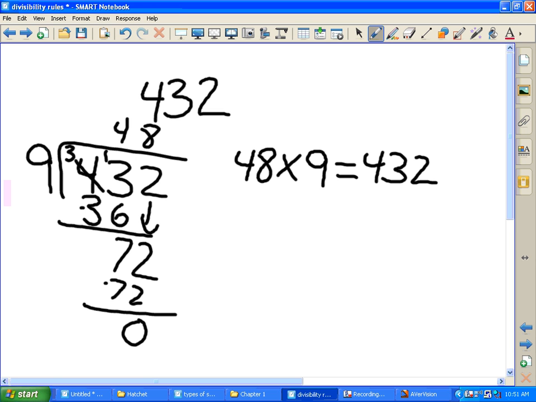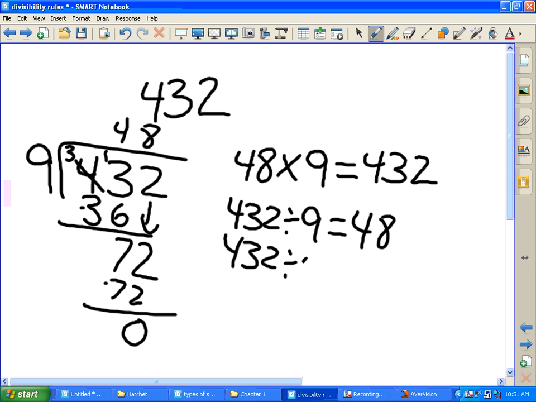So the factors for 432, 2 of them are 48 and 9. Now we know from fact families that I can rewrite this number sentence. 432 divided by 9 would equal what? 48. I also know that 432 divided by 48 would equal what? 9.